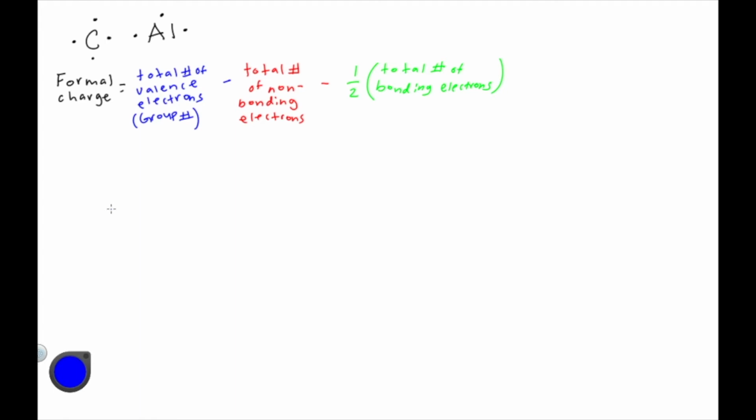Therefore, each atom will get only half of those electrons. And typically, in order to accurately determine the number of non-bonding and bonding electrons, it's convenient for us to draw the Lewis structure of the molecule. For more information on how to draw Lewis structures of small molecules, check out my other videos.